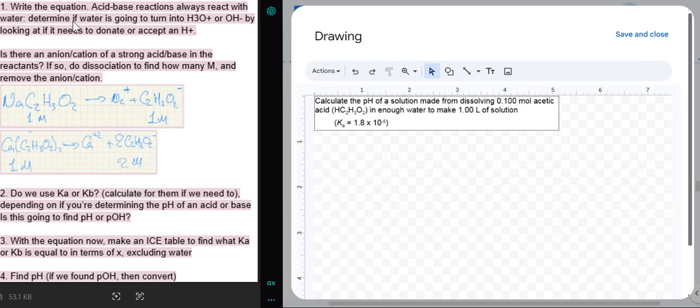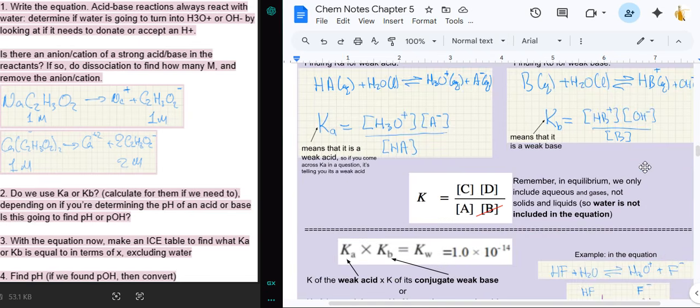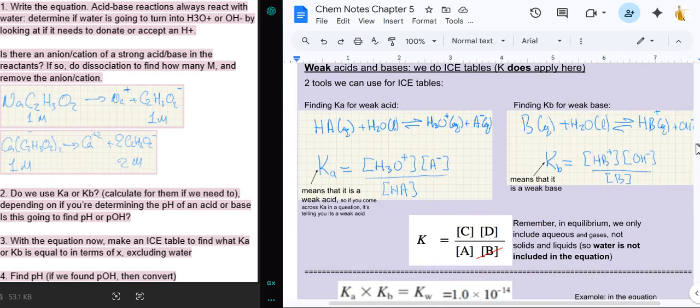And we will produce H3O plus or OH minus in the products. You can see here as well, in these two equations we've been through, it's something plus water and then turn to H3O plus or OH minus and the conjugate of that.